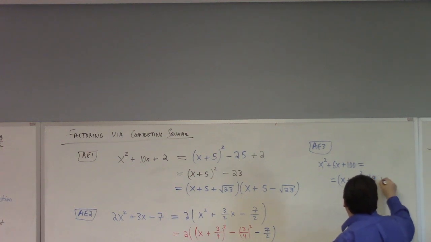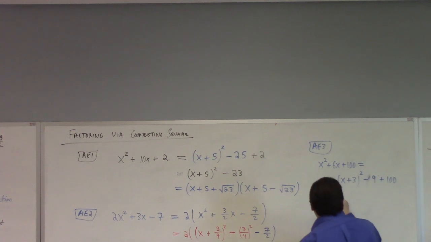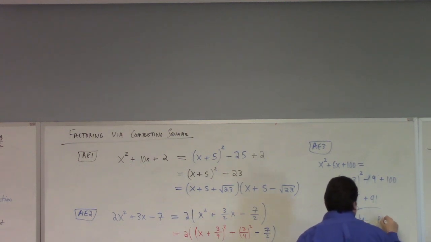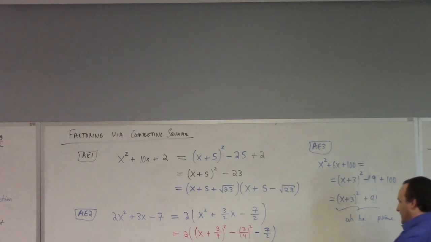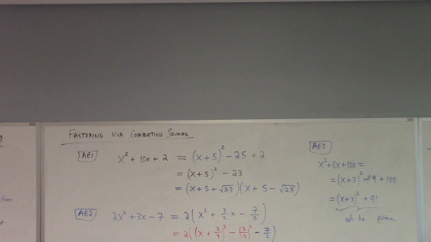So I got minus 9 plus 100. Lo and behold, we've got (x plus 3) squared plus 91. At this point, you say, aha, prime. That's as far as we can go. It cannot be factored over the reals. If you understand carefully these 3 examples, you don't need to ever not be able to factor a quadratic again.